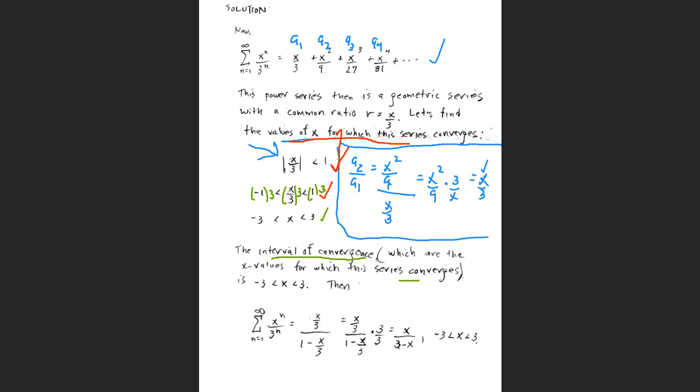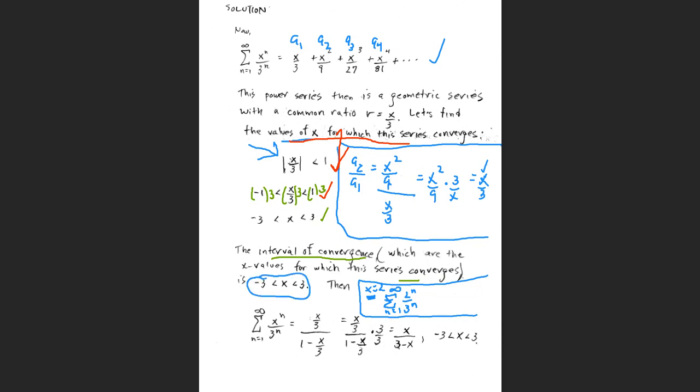Like, for example, if you had x equals 2, then the power series would become this power series. Now, that would be a convergent power series because x equals 2 falls within the interval of convergence.